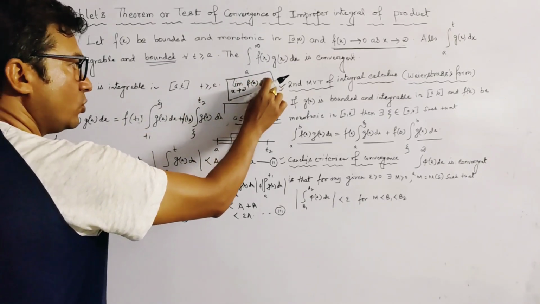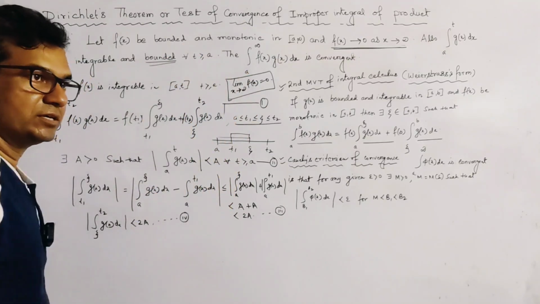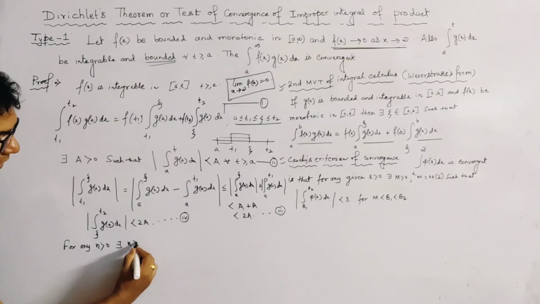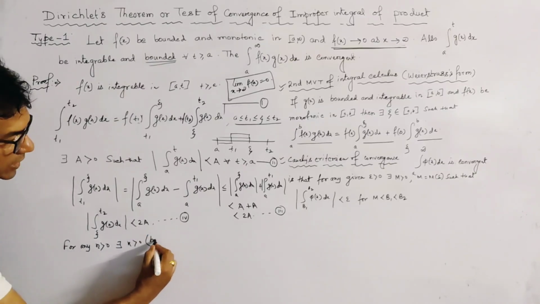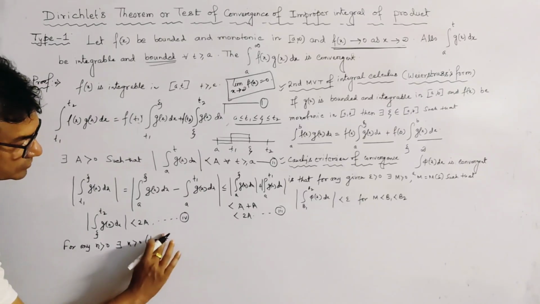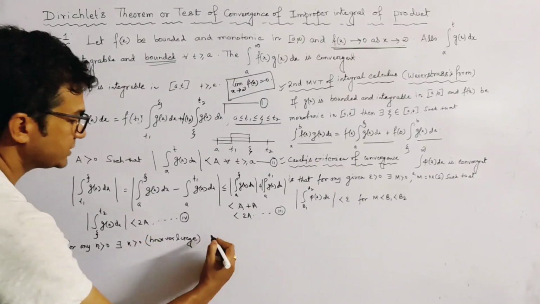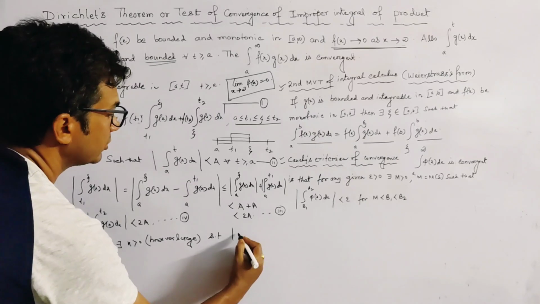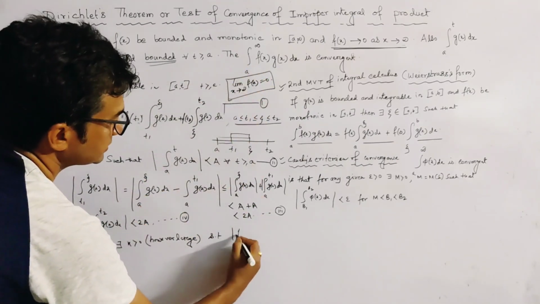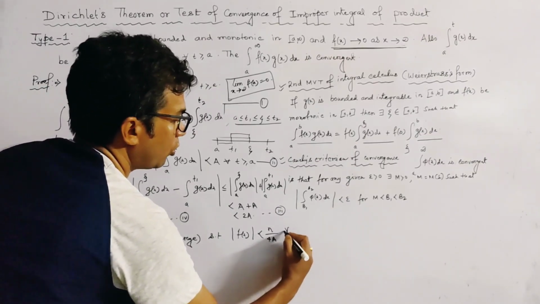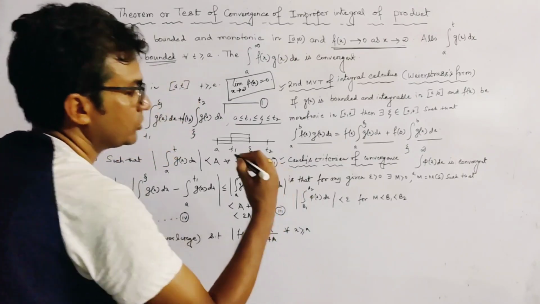Because the limiting value is 0 as x tends to infinity, for any eta greater than 0, there exists k greater than 0, however large, such that mod of f(x) is less than eta by 4a for all x greater than or equal to k.